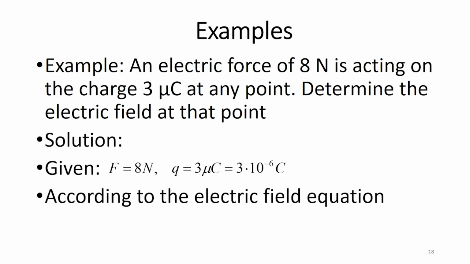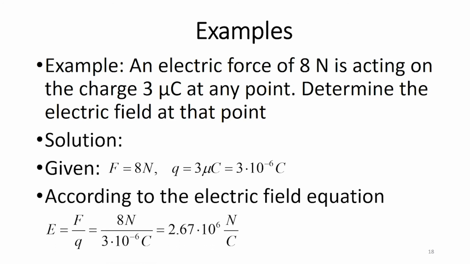According to the electric field equation, E equals F divided by Q, which is 8 newtons divided by 3 times 10 to the power of minus 6 coulomb, which gives us 2.67 times 10 to the power of 6 newton per coulomb.